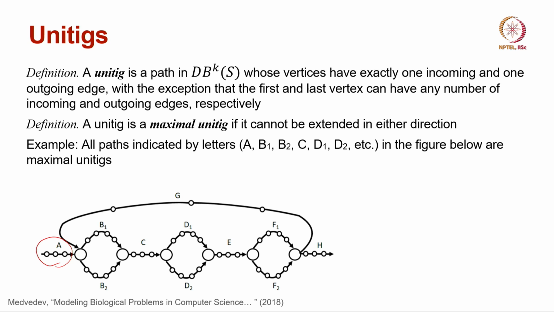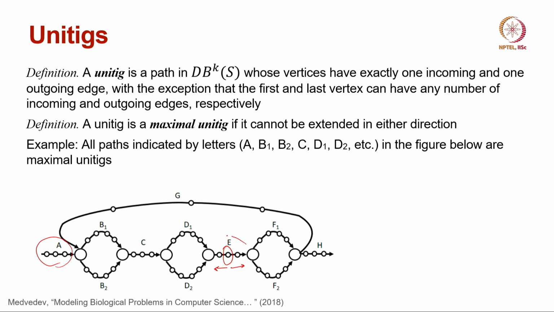Now, accordingly we can define maximal unitigs, that is, unitigs that cannot be extended in either direction. So, for example, I can say that this vertex is a unitig, but this is not a maximal unitig, because I can extend this towards the left and I can extend this towards the right.